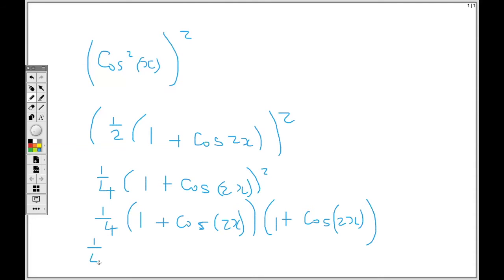So writing a quarter times, and then we multiply 1 times 1, that gives us 1. 1 times cos 2x, that gives us cos 2x. Then cos 2x times 1, that gives us cos 2x.